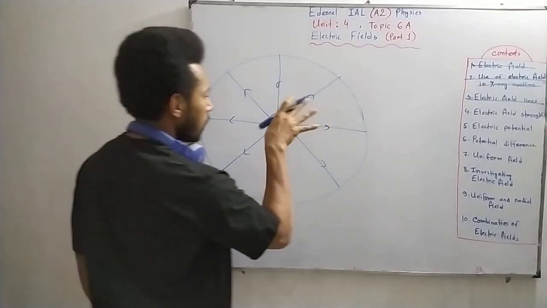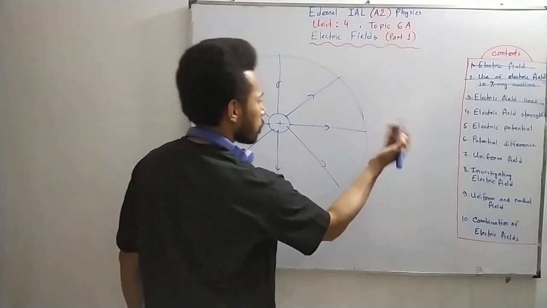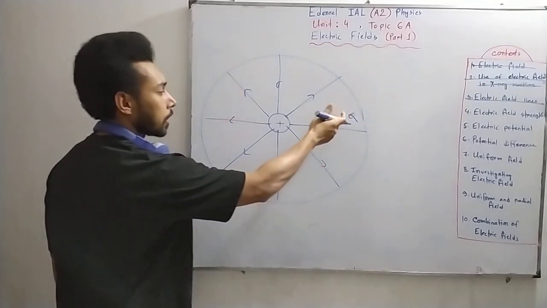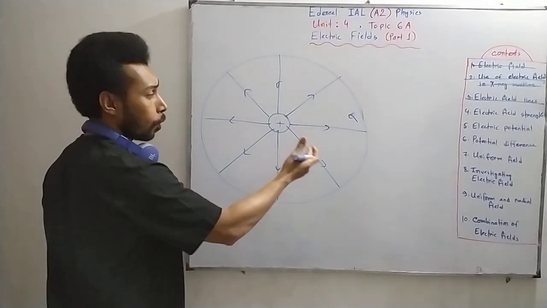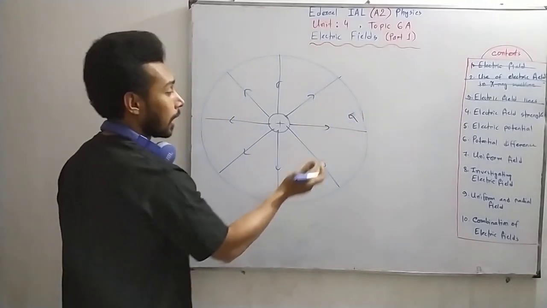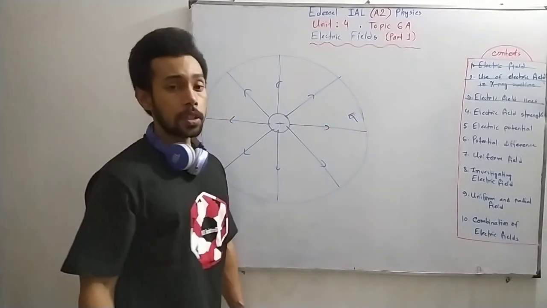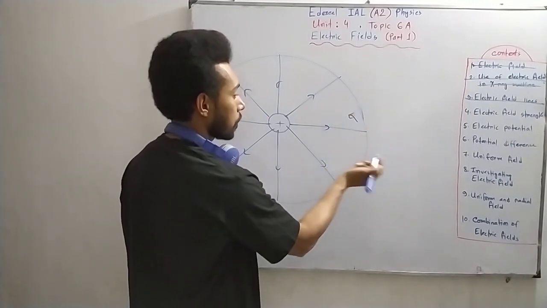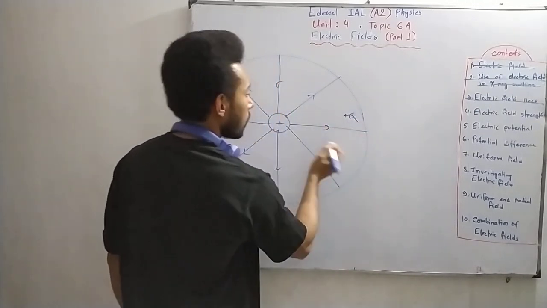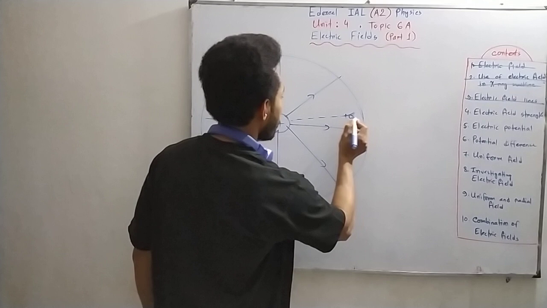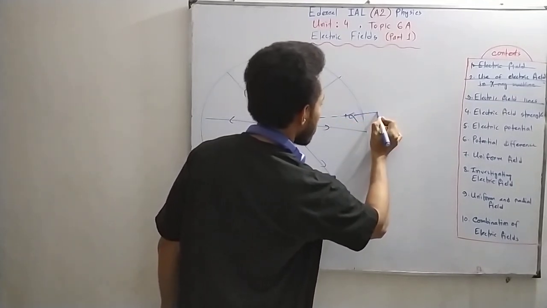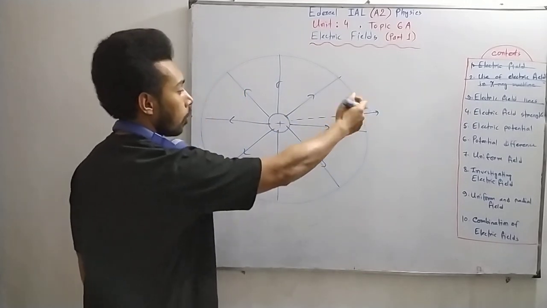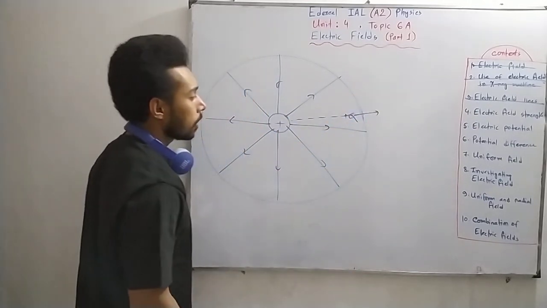And if you bring a charged particle having a charge of Q, it will experience a force when it is within the field, and the direction in which it will be accelerated depends on the sign of the charge. If it is plus Q, then it will be pushed outwards from the field.